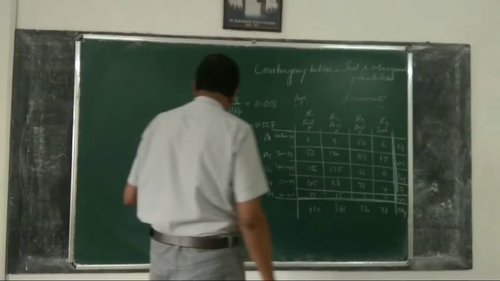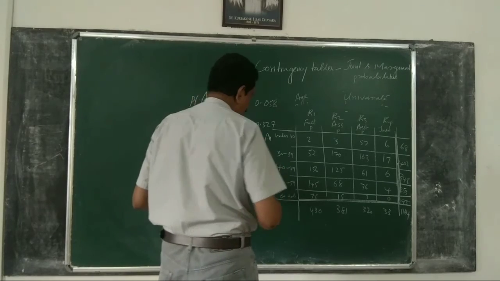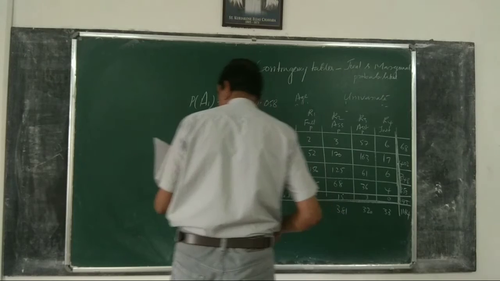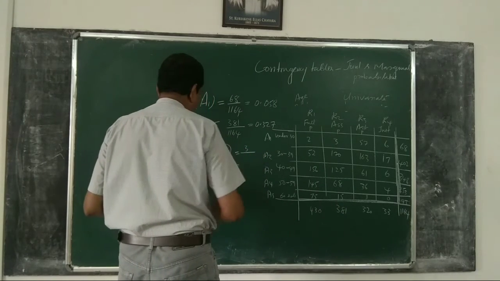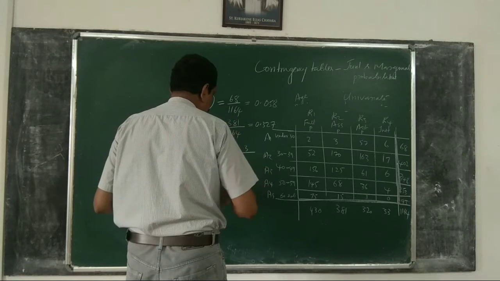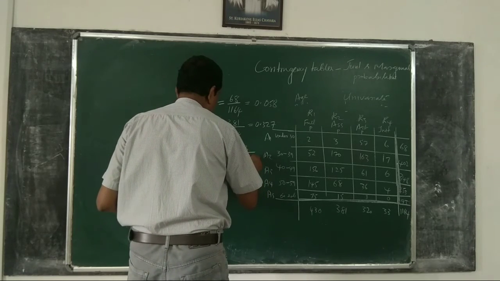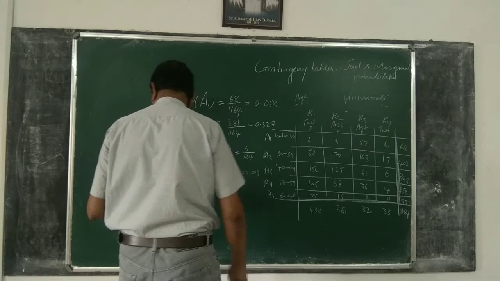The entry for R2 and A1 is 3, so it is equal to 3 by 1164, a very small value, 0.003.